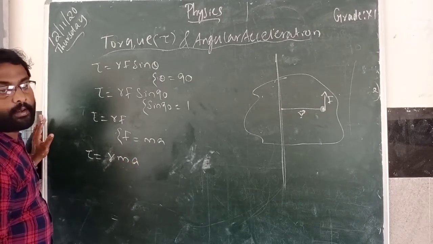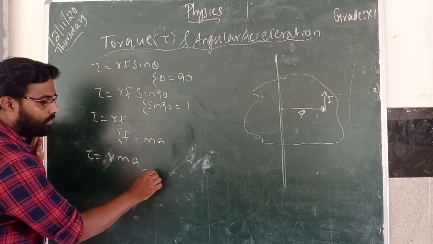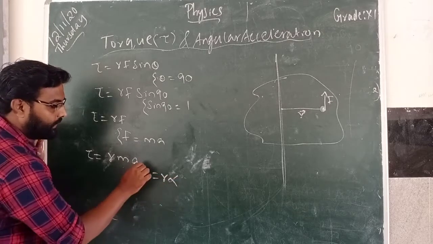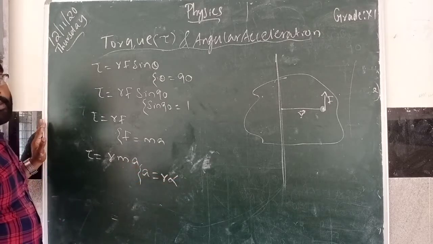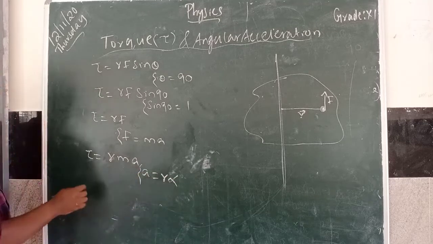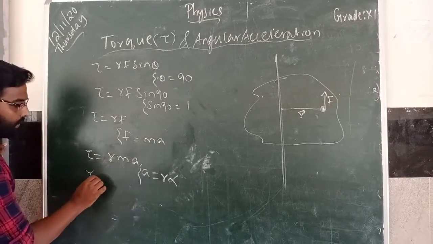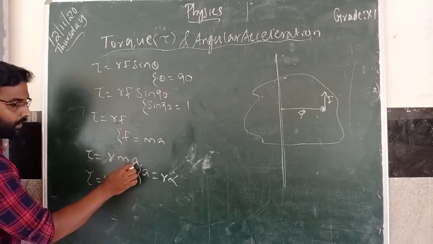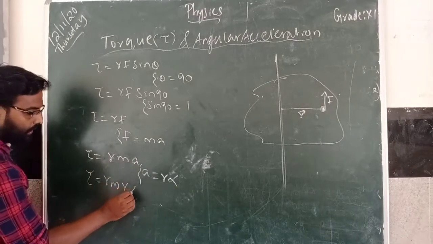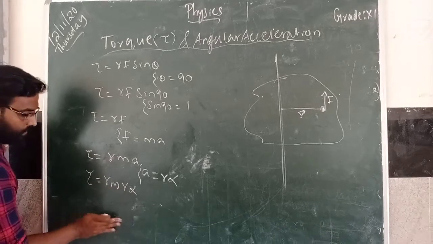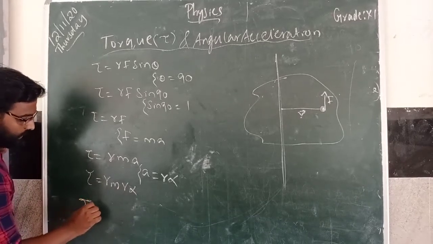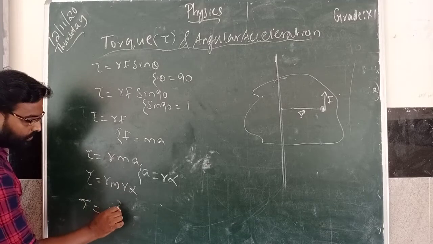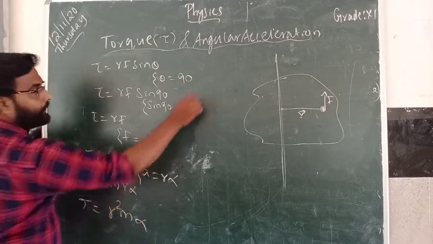A is equal to R alpha. So torque is equal to R into m into R alpha, R into R. So torque is equal to R square m alpha.